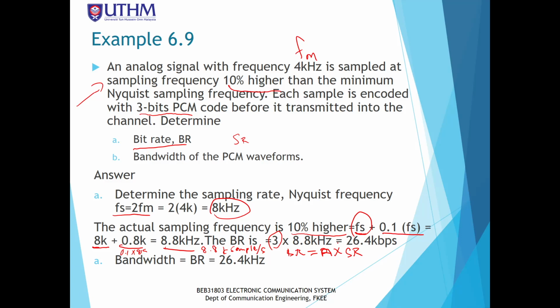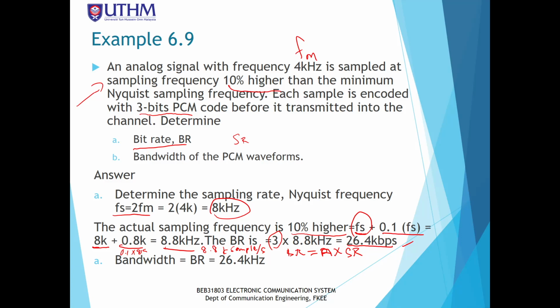So 8.8k multiplied with 3, we get 26.4 kilobit per second. So the bit rate or the data rate is equal to the number of bits multiplied with the sampling rate. Here the sampling rate is 8.8, so therefore we produce a bit rate equal to 26.4 kilobit per second.